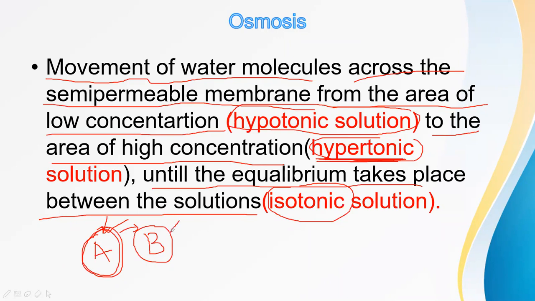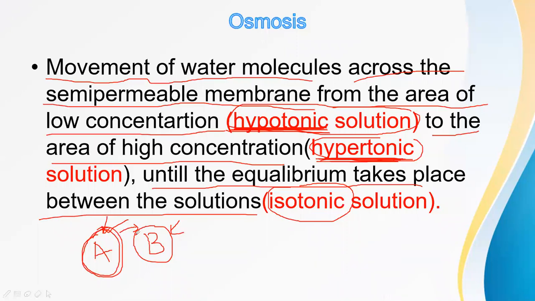And cup B has the low concentration of sugar, means less sweet. So this we call hypotonic. So a solution which has a high concentration we call a hypertonic solution. A solution with the low concentration we call a hypotonic solution.